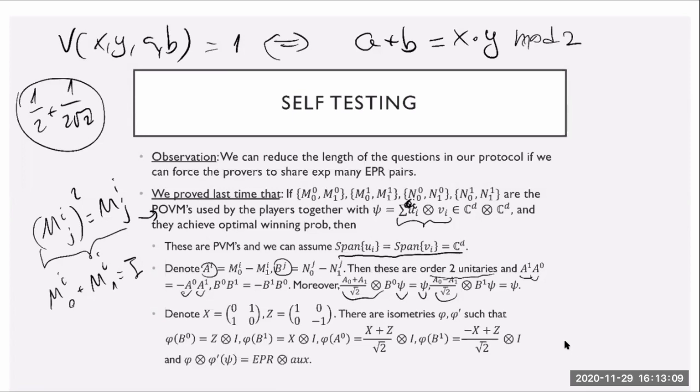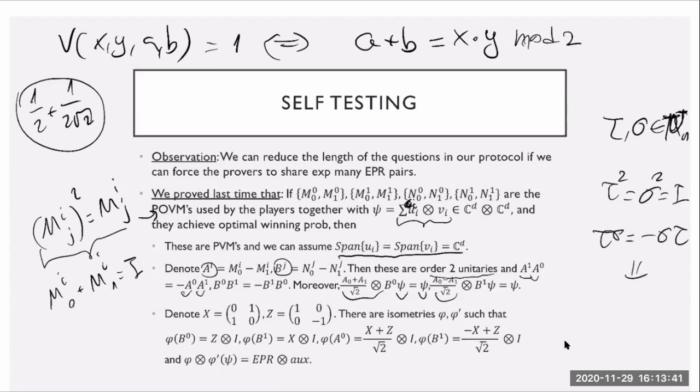And then we said the following. So the fact that you have two matrices, let's call them tau and sigma. These are unitary matrices, so tau and sigma are in UN, and tau squared is equal to sigma squared is equal to the identity, and tau sigma is equal to minus sigma tau.